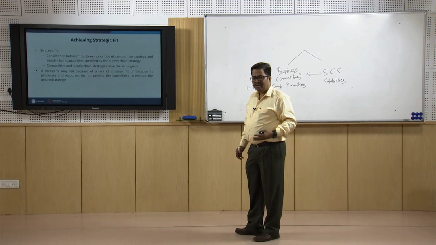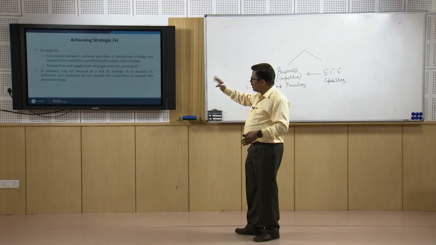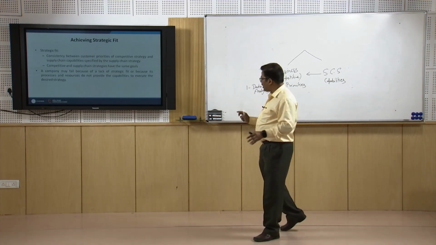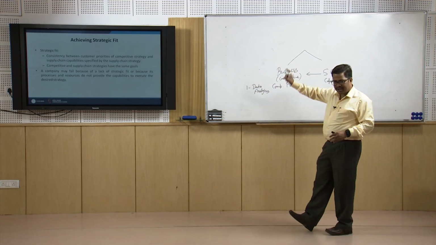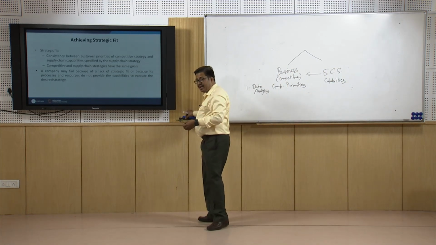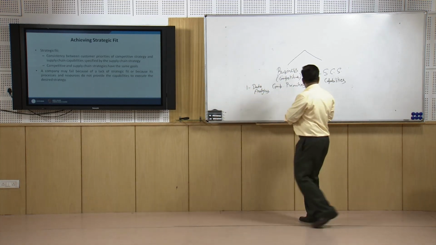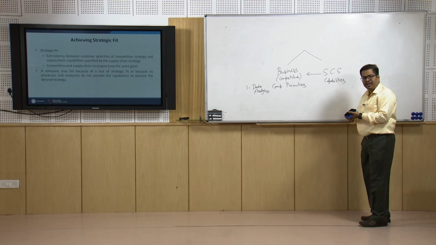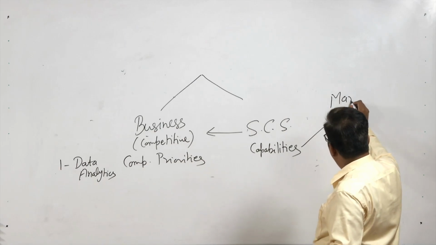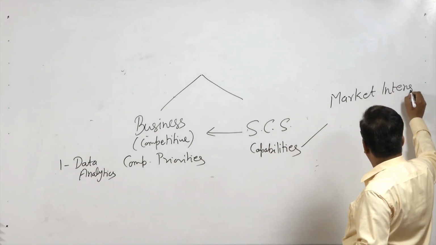So, we need to see what type of strategy we are developing and how the resources and processes support these strategies. Just to give you an example, because it is becoming very theoretical, of how our resources can provide support to the competitive strategy: if I am talking about a very market intensive strategy, my supply chain strategy is market intensive.